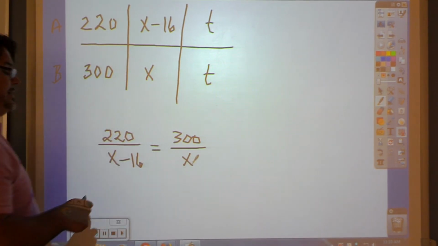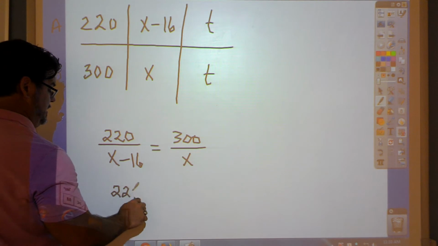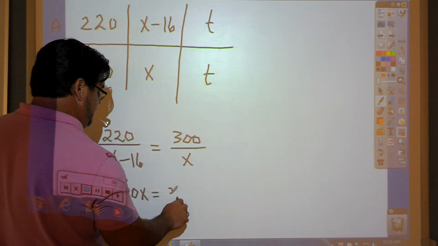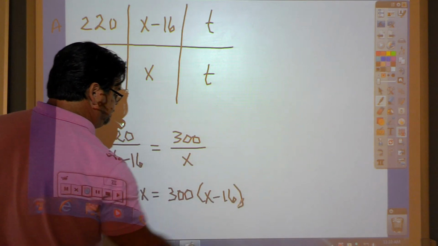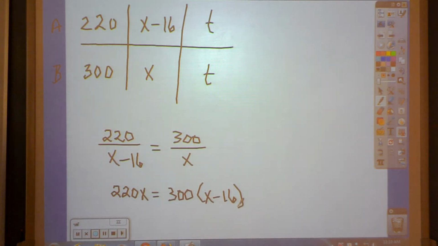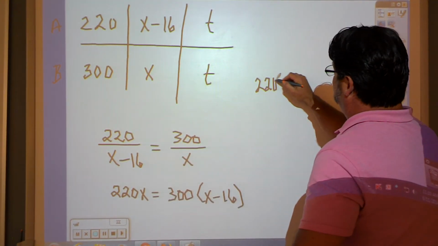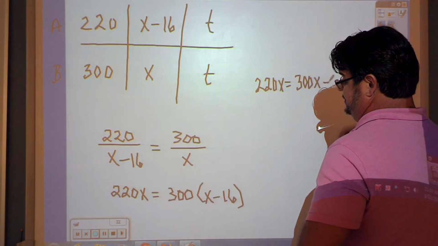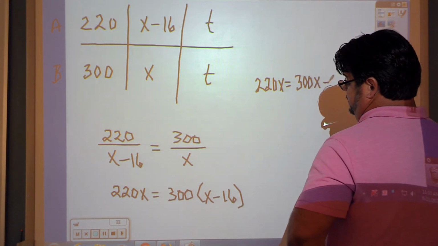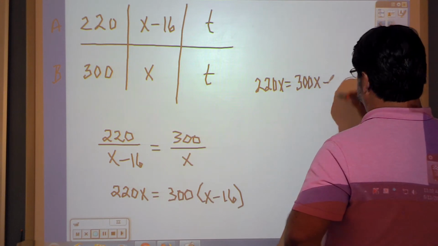Multiply through by x times x minus 16, and you get 220x is equal to 300 times x minus 16. And that's going to be 220x is equal to 300x minus 4,800. Somebody help me out.